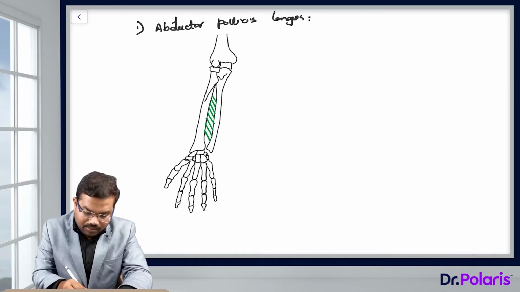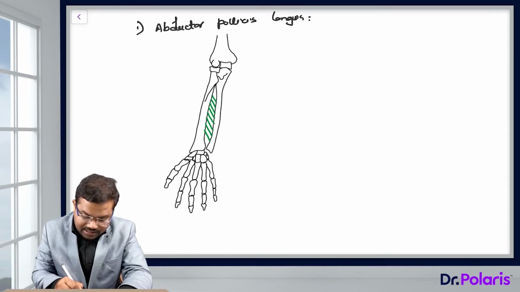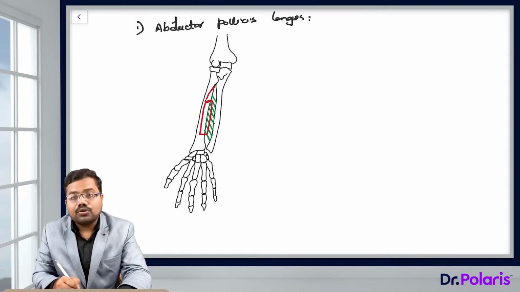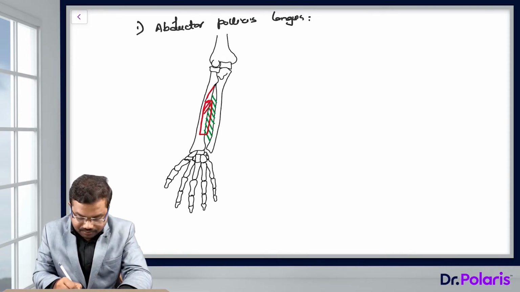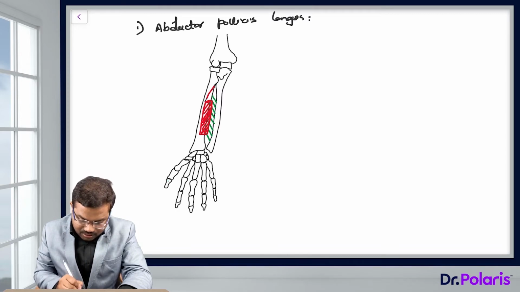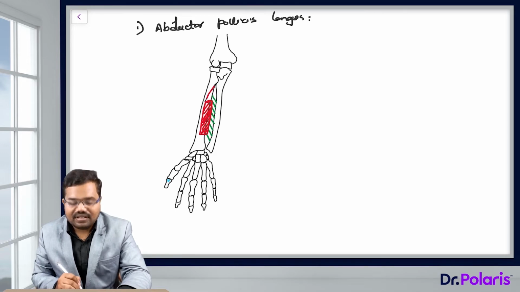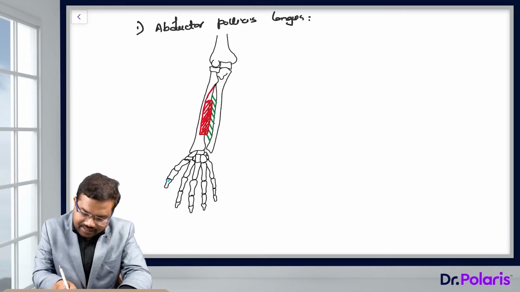Now coming to the origin of abductor pollicis longus, we had said that this is the oblique line, right? Below that oblique line is the origin of abductor pollicis longus with the adjacent interosseous membrane. So this entire part is the origin. And the insertion is into the base of the distal phalanx on the anterior side.